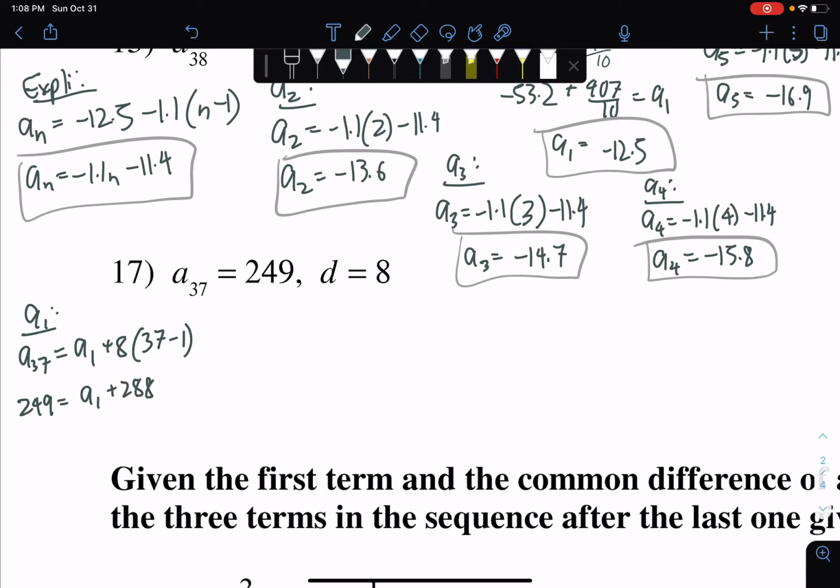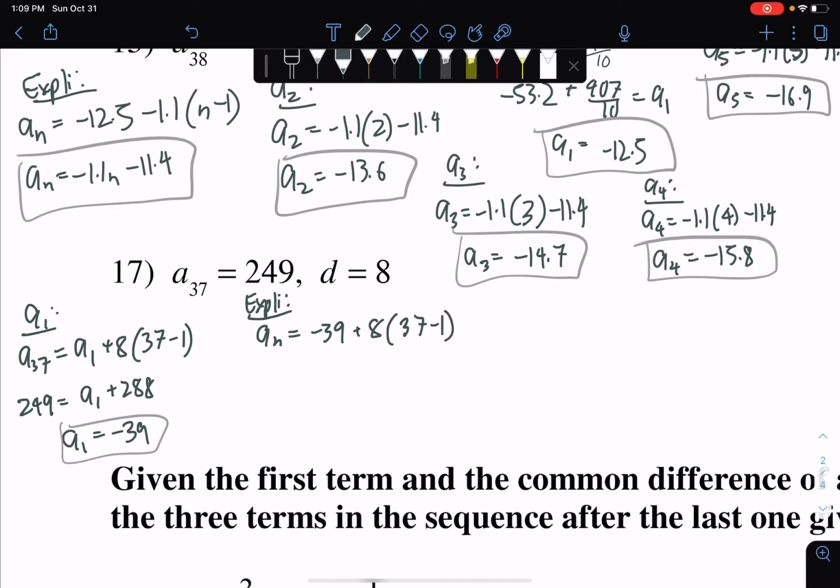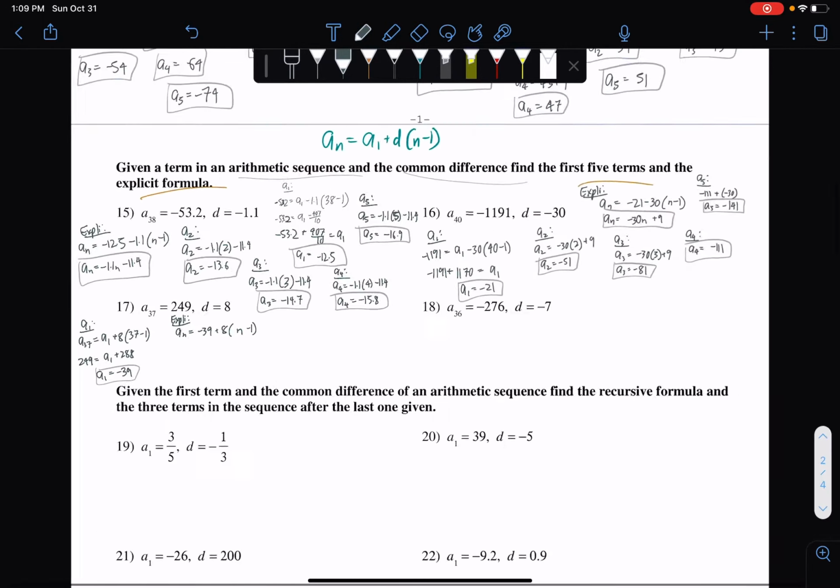We transpose 288 to the left side of the equation. 249 minus 288 is negative 39. A sub 1 is negative 39. So, for our explicit formula, a sub n is equal to negative 39 plus 8 times the quantity n minus 1.